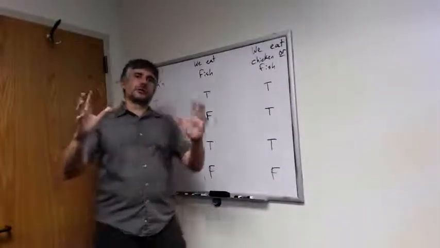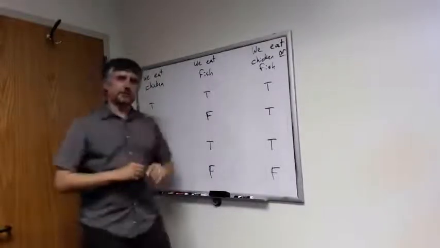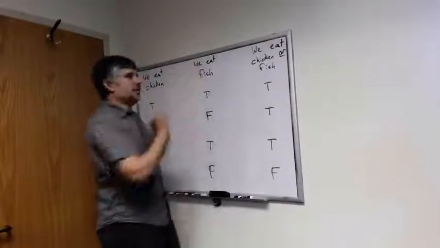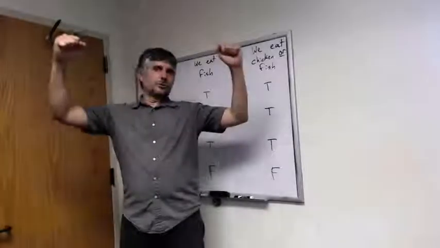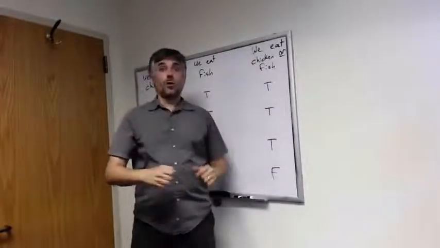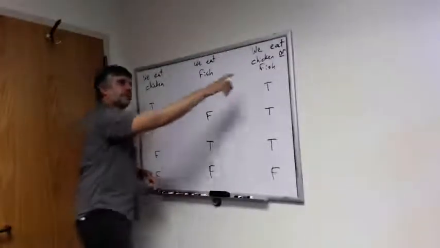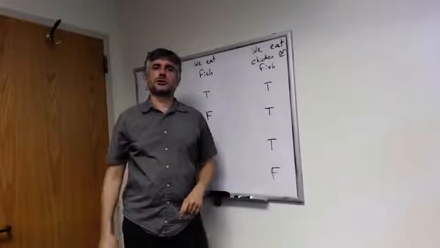Suppose you're using disjunction to combine the propositions we eat chicken and we eat fish into the disjunctive proposition we eat chicken or fish. Well, when is that disjunctive proposition going to be true?